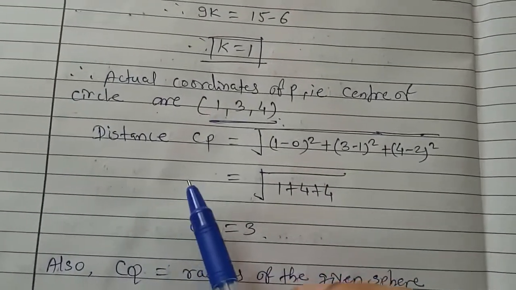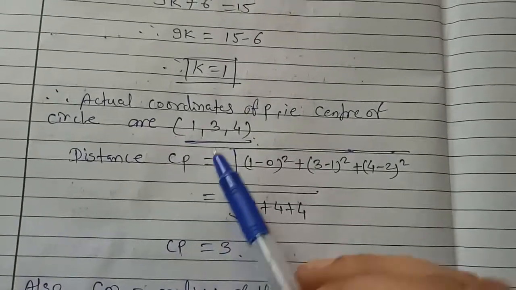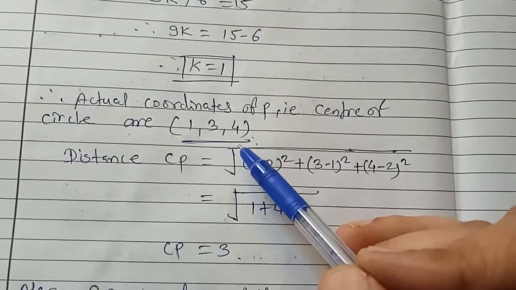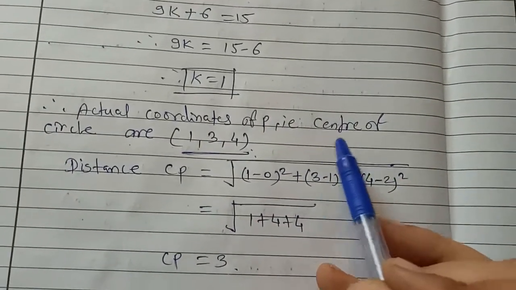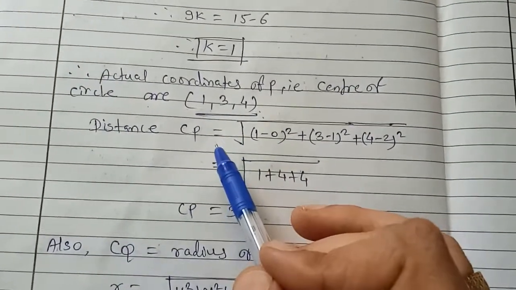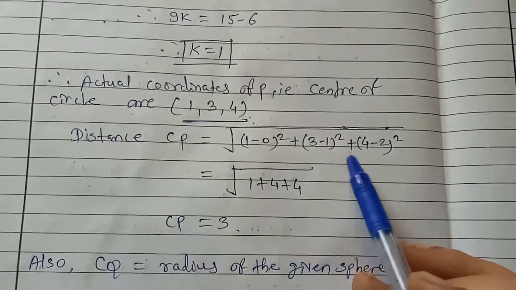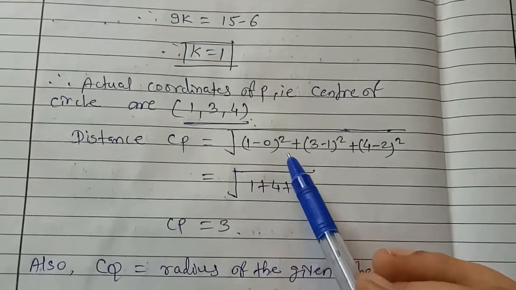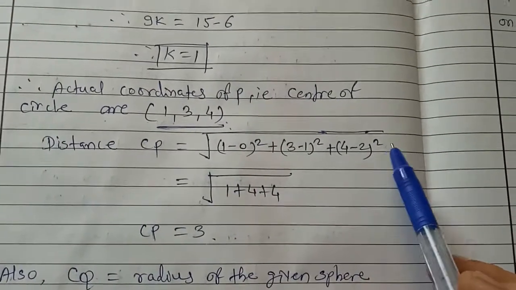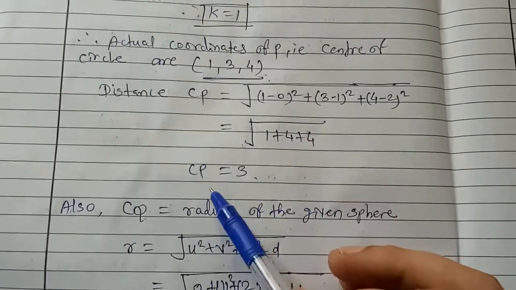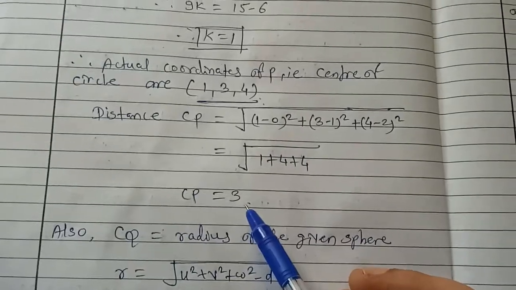Now to find the distance CP, we have the coordinates of the center of the sphere and the coordinates of the center of the circle. From that we can find the distance CP, which is the square root of 1 minus 0 square plus 3 minus 0 square plus 4 minus 2 whole square. If you solve this, we get distance CP is equal to 3.